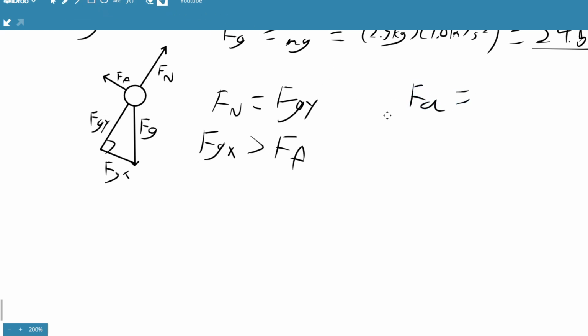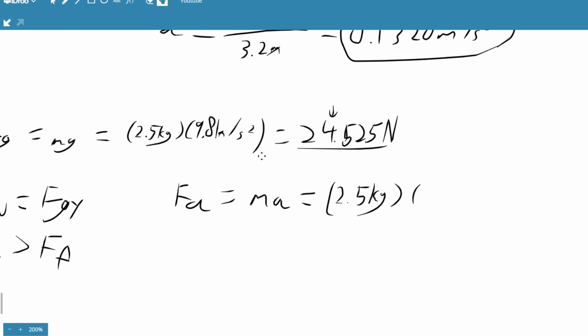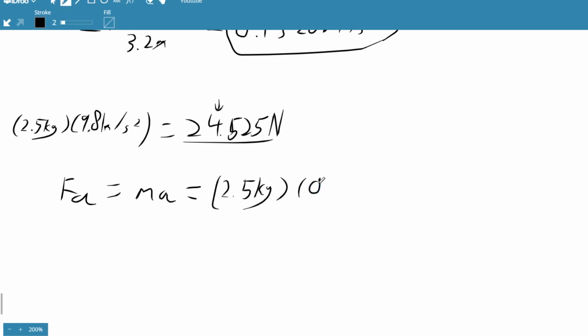So FA, A stands for acceleration, equals mass times acceleration, equals mass 2.5 kg times 0.132 meters per second squared.